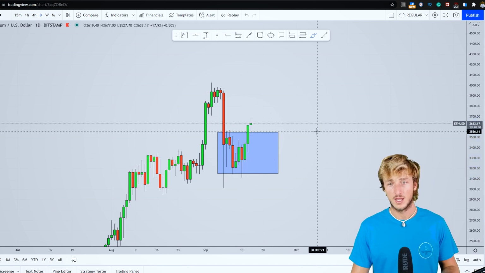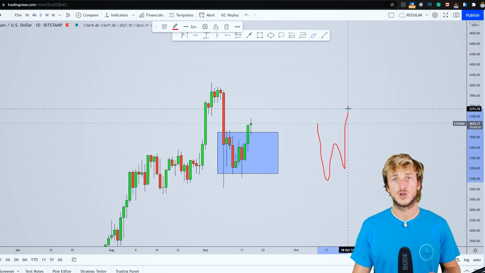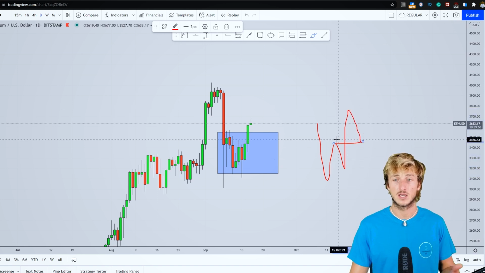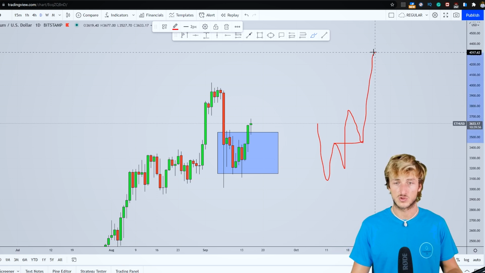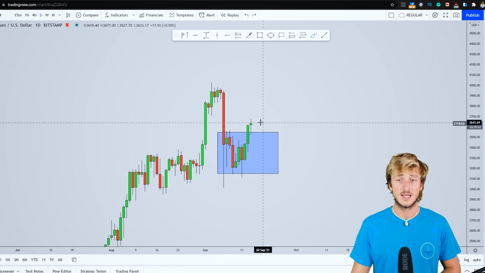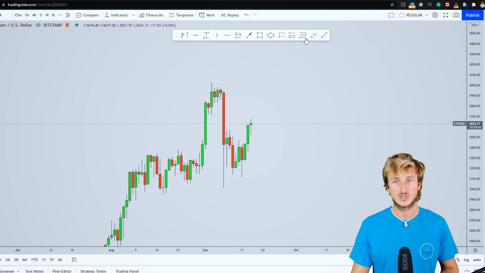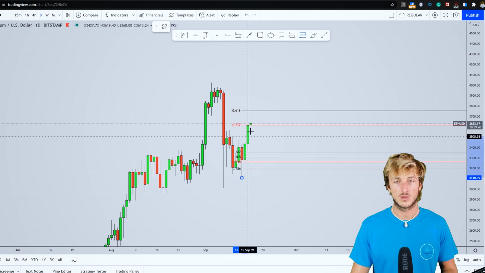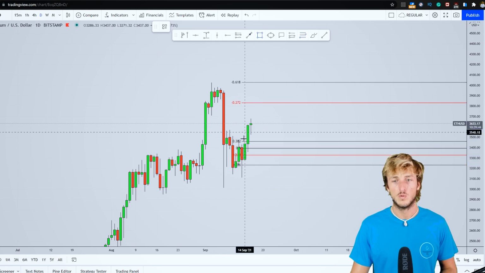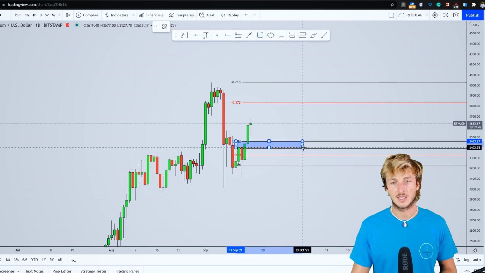Now, in general, after the creation of an overextended W formation, you want to see the market provide a correction back to the neckline, which is the previous resistance turned support, before then printing the continuation to the upside. Specifically, it would be great to see the market correct at least to the 0.32 of the Fibonacci taken on this daily impulse, which is currently lining up exactly at this area.